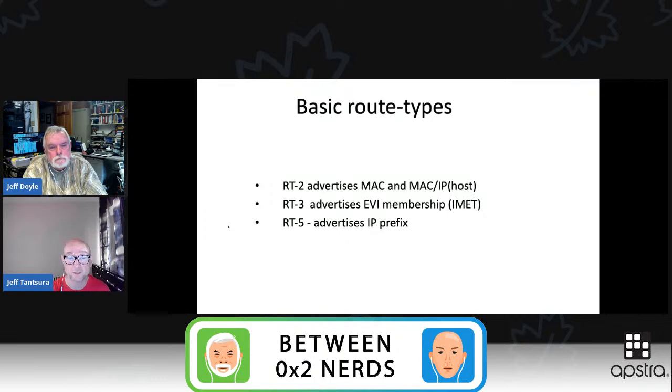So route type 3 is used for these purposes. When you configure an EVI on any device, it will automatically advertise route type 3, telling everybody else, guys, I am part of the domain. Do you have anything to flood to me? This is what you do. And it is used somewhat differently in MPLS cases, which we are not going to cover today.